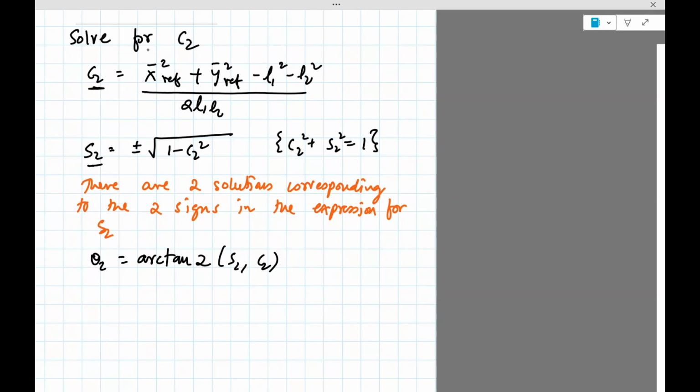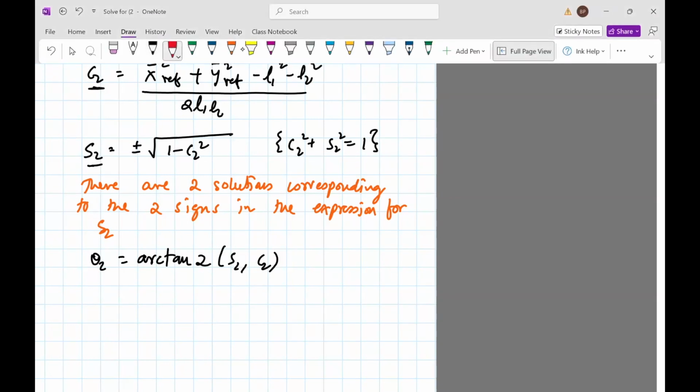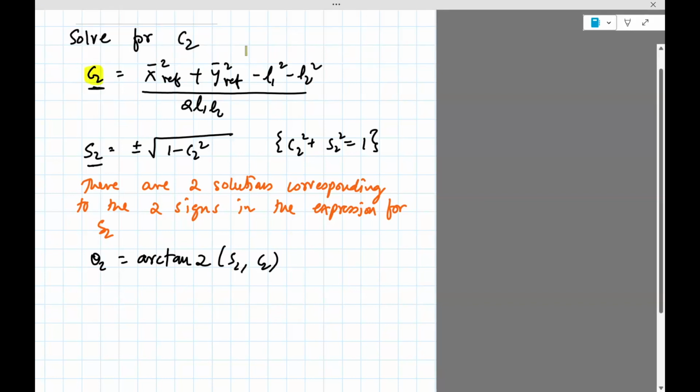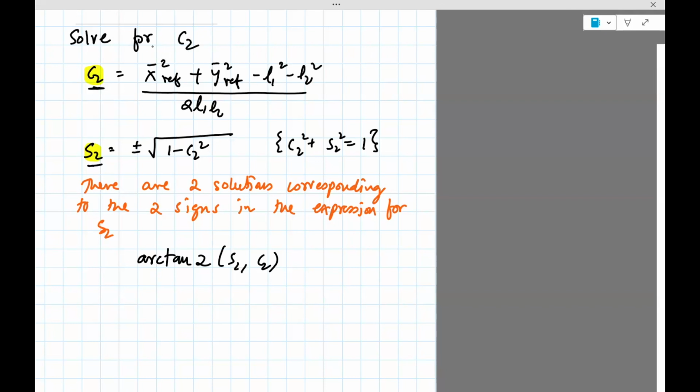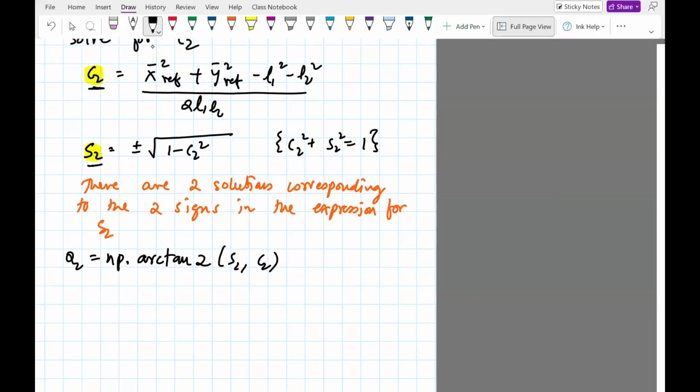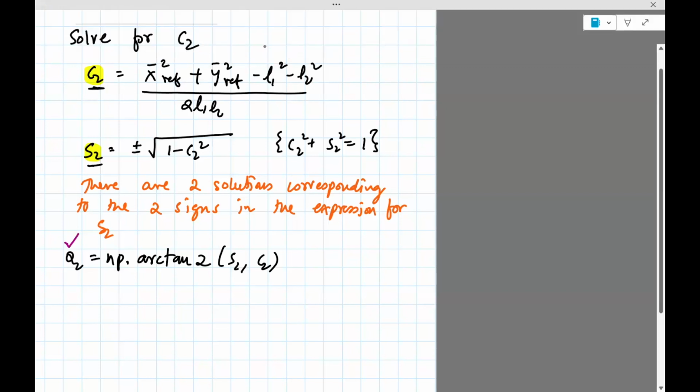So whatever you get for C2 and S2, if you use the plus, you'll get one value for theta 2, and if you use the minus, you get another value. Use this in NumPy, it's np.arctan2. So that gives us how to compute theta 2.